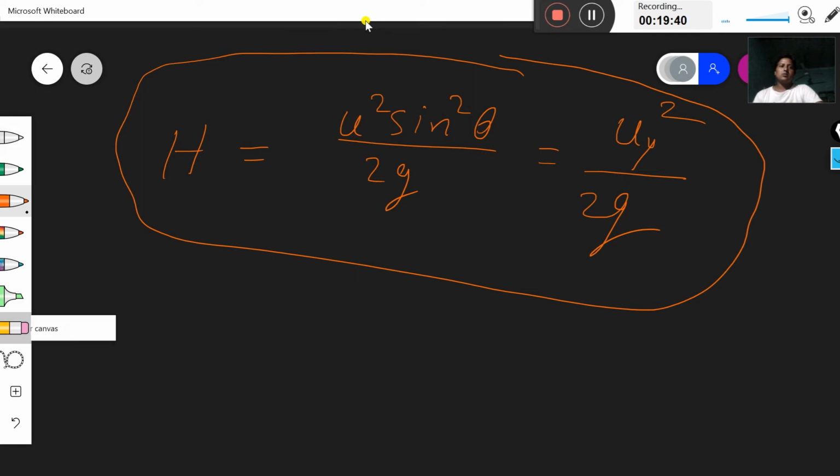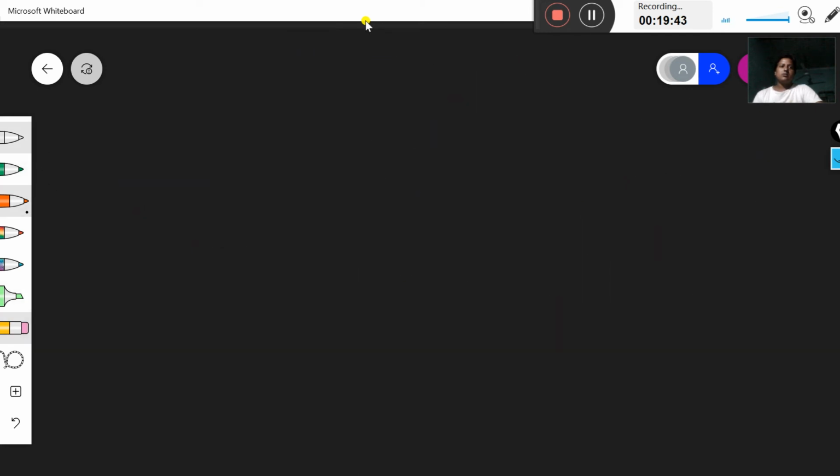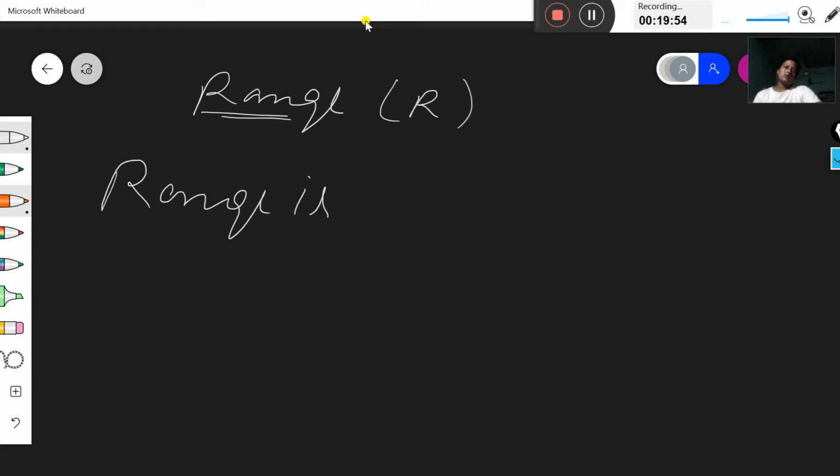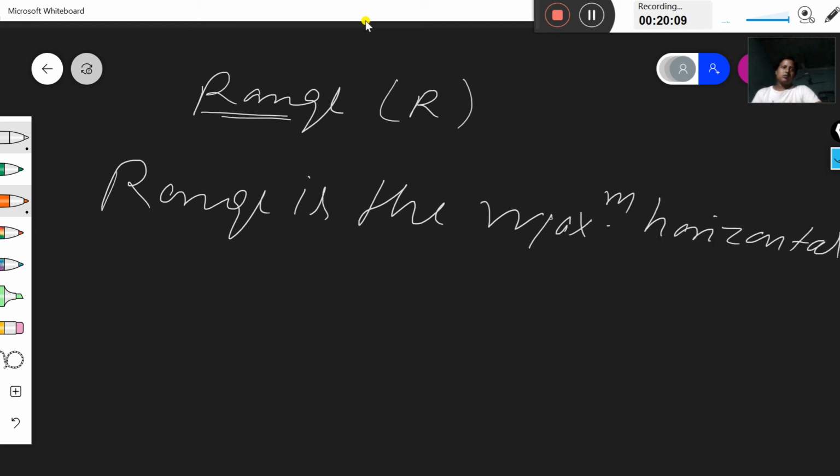In another example, suppose we have to calculate range. What is range? Range is the maximum horizontal displacement.